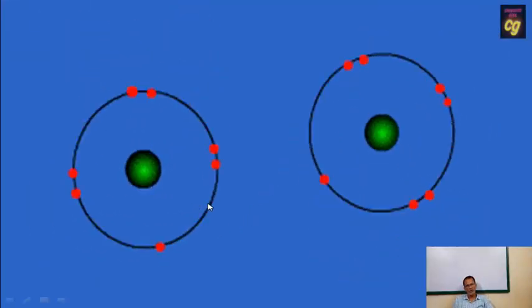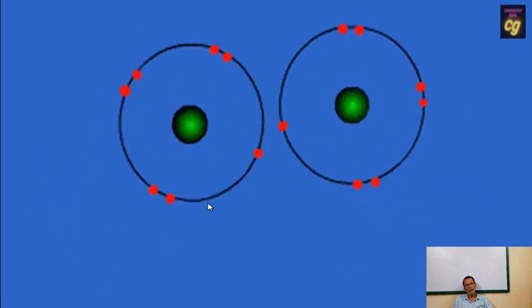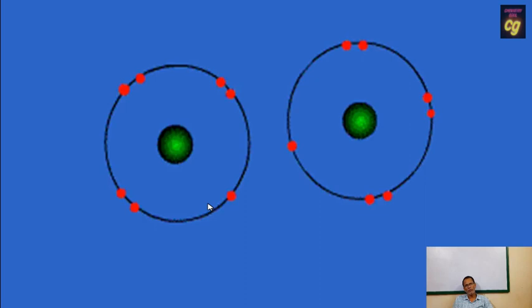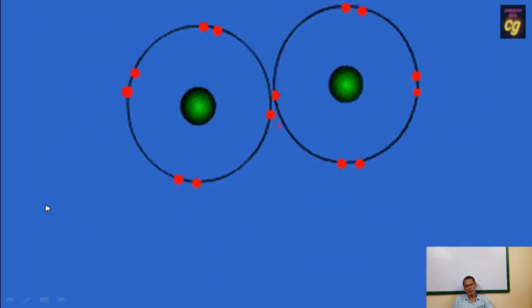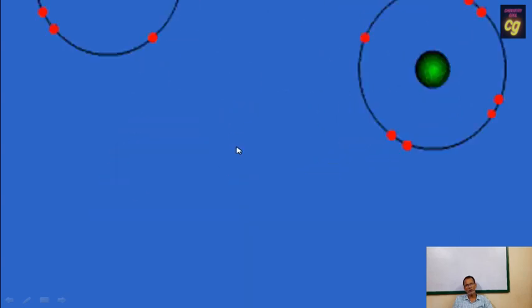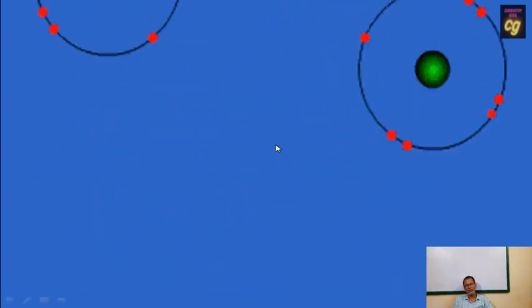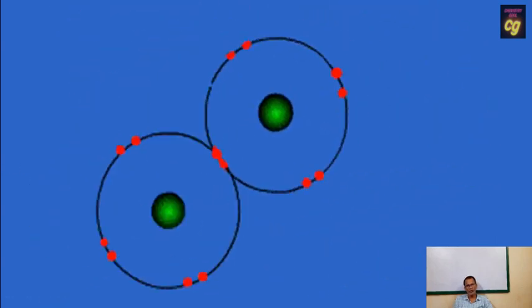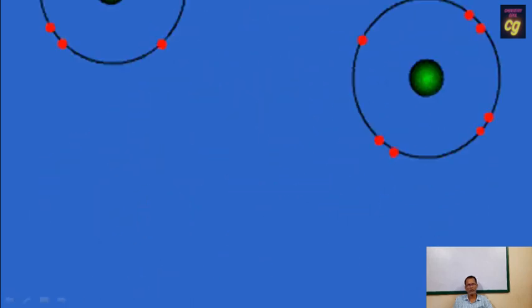You see these slides here, both chlorine atoms coming closer. Each chlorine atom has 7 electrons in the outermost shell. If you see each chlorine atom, 1 electron remains free. The others remain in pair form, 6 electrons, that is 3 pairs, and 1 electron is short to form a pair of electrons.